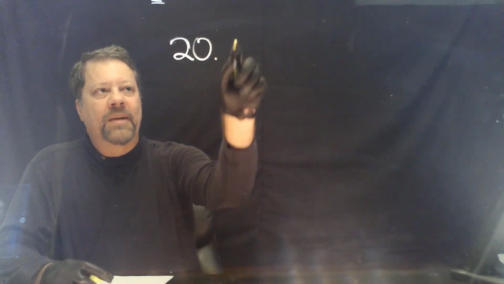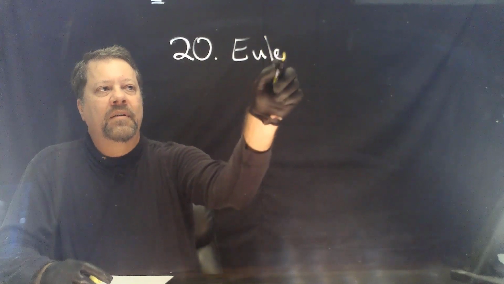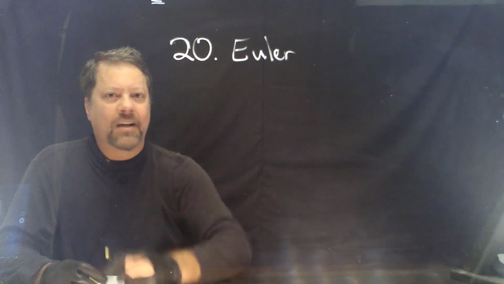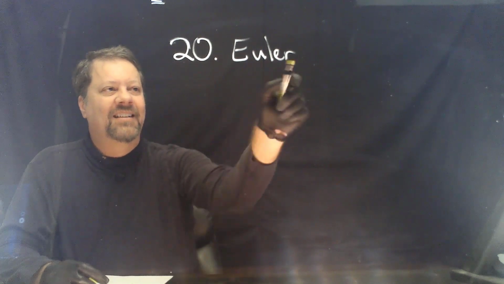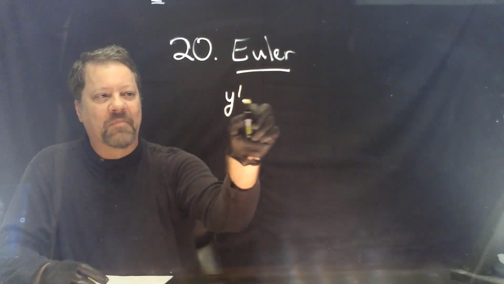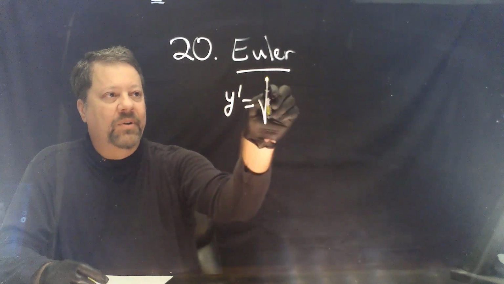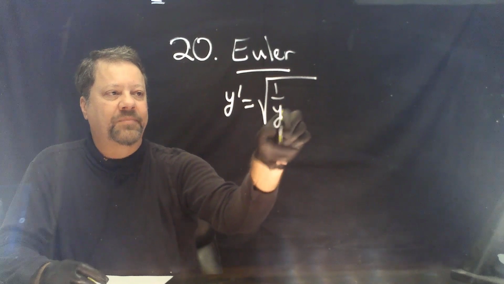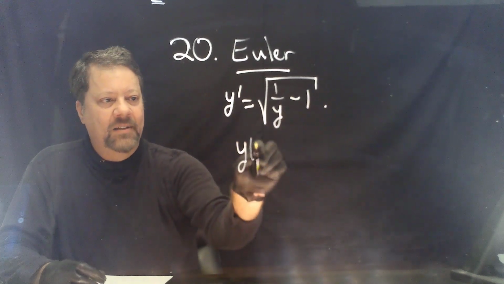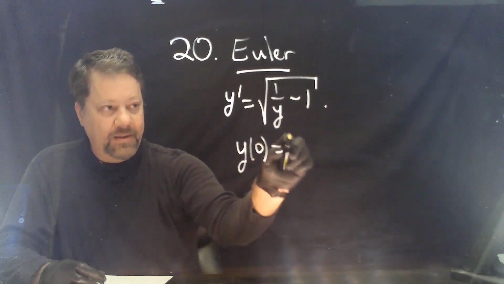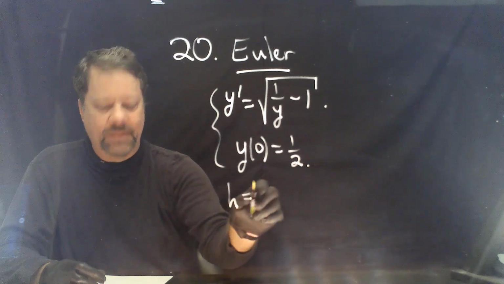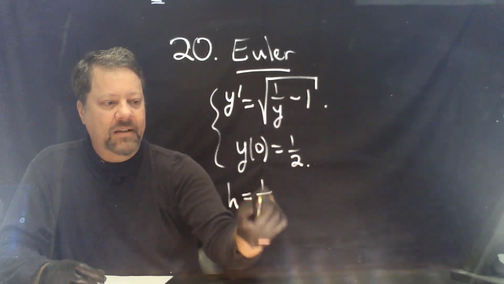We're using Euler's method. And oi, that's Euler, not Euler, it's Euler. Euler's method to approximate the solution to the differential equation y prime is the square root of 1 over y minus 1. And here we're assuming that y of 0 is 1/2, and that h, the increment that we're using, is 1/10.